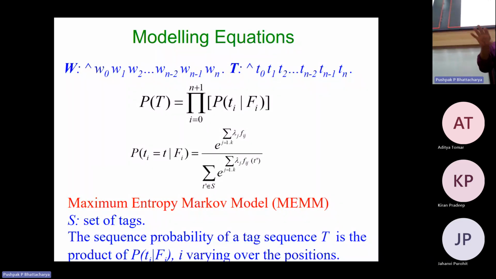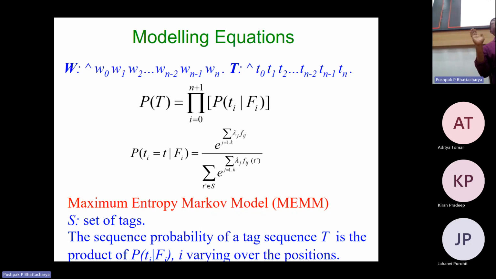At every position, you have k tags, so k to the power n will be the set of possibilities, no different from generative modeling. Only thing is that here, the search is based on features. Earlier, the search was based on transition probabilities and observation probabilities. Here, the search is based on features.